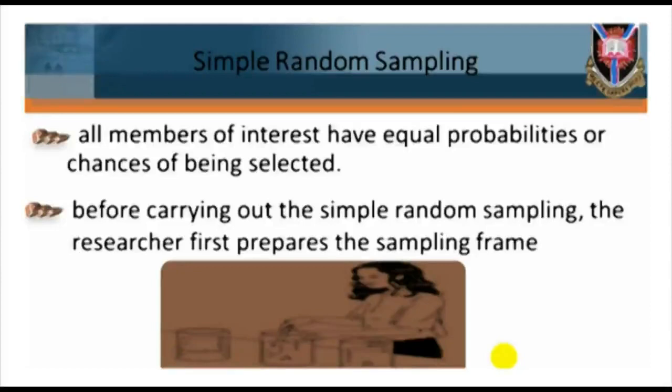In usage, the researcher should first prepare the sampling frame by listing all members of the population in alphabetical order and number them serially. The sample size is decided before entering the table of random numbers. To start the selection, the researcher enters the table at any point without bias.